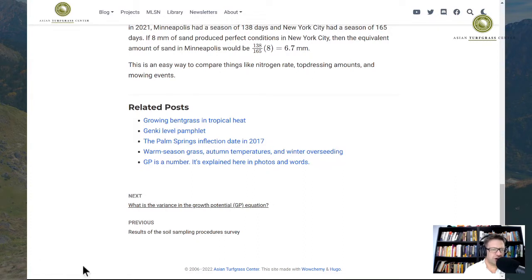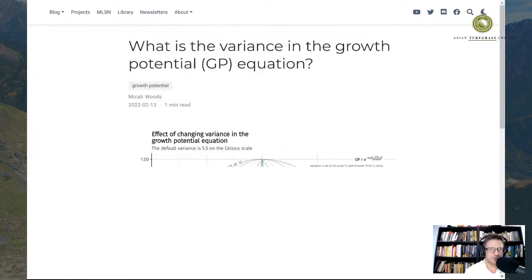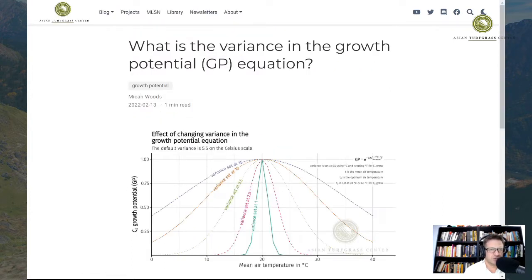And in the next one, I looked at variance in the growth potential equation. And this is something that I also had a question about. Somebody was looking at the Pace Turf climate appraisal form, which is a spreadsheet that you can get from the Pace Turf website. I recommend doing this if you're new to the growth potential idea, because it has the equations embedded right in that spreadsheet.